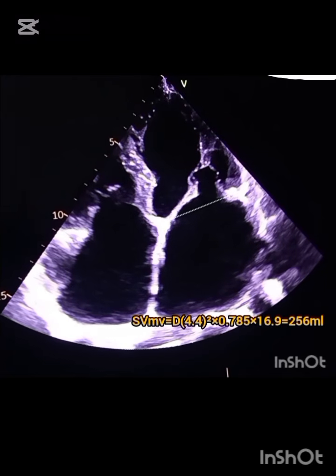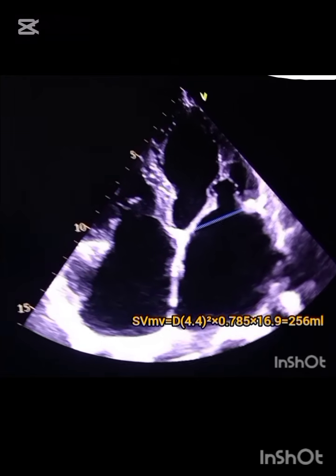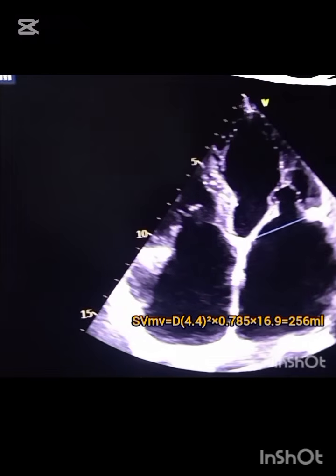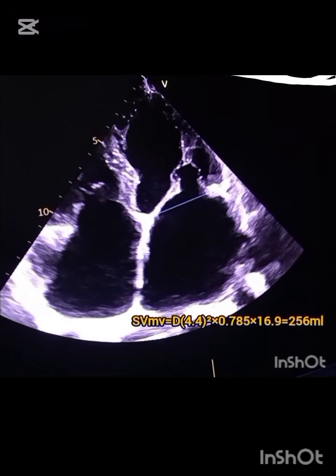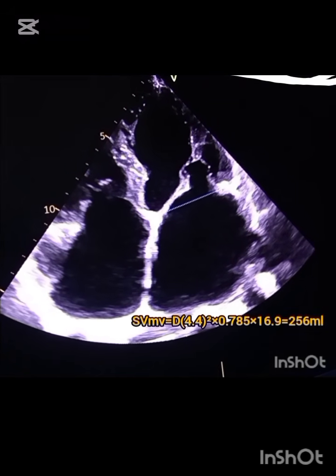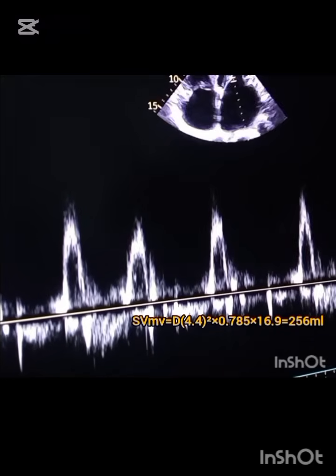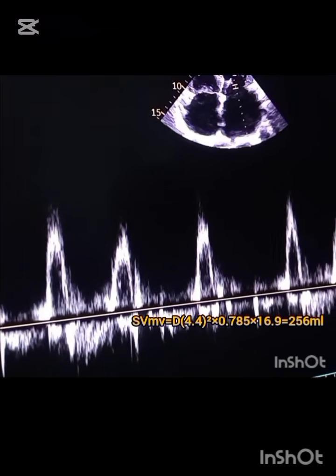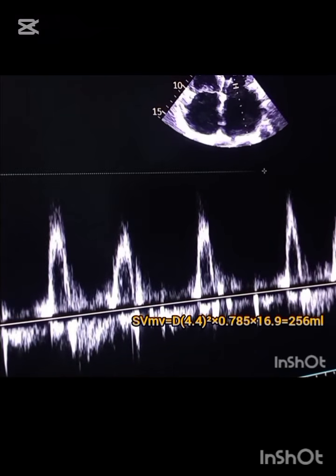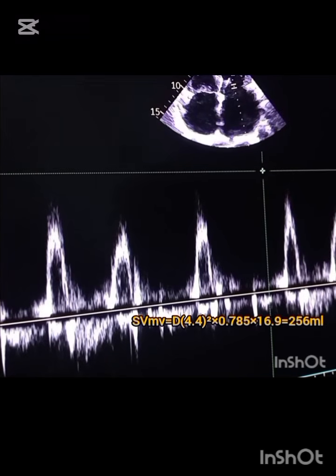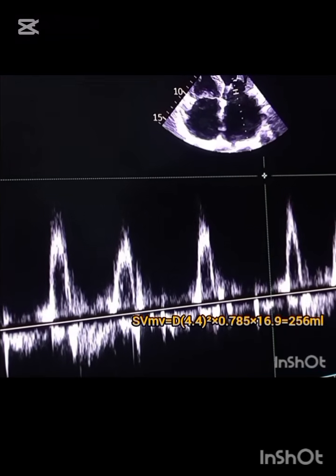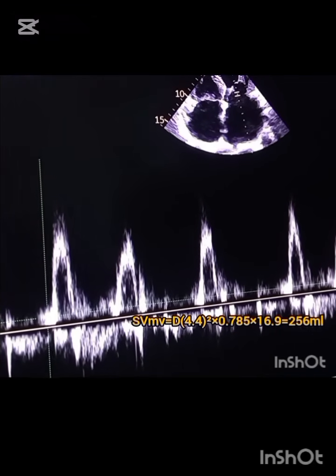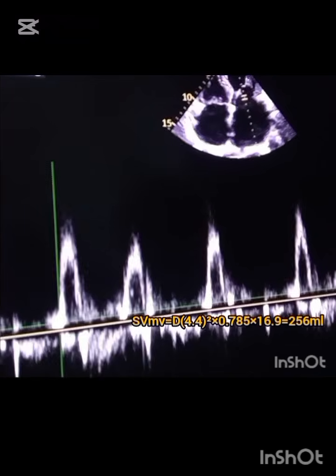The stroke volume formula of the mitral valve is diameter squared, where we have 4.4 centimeter as the annulus diameter of the mitral valve, then multiply by the constant 0.785, then multiply by the mitral valve inflow VTI, which is 16.9 centimeter. As you see in the video, I am tracing the mitral valve inflow VTI.